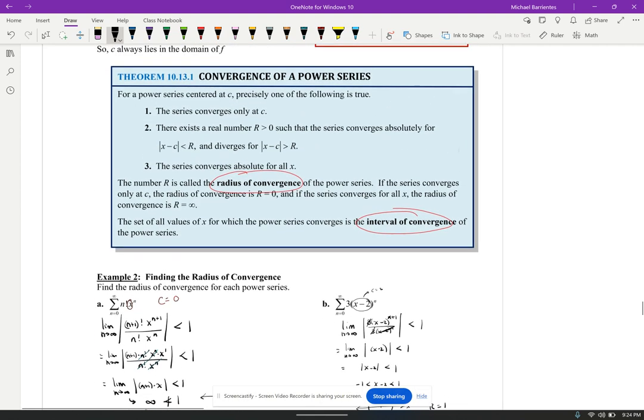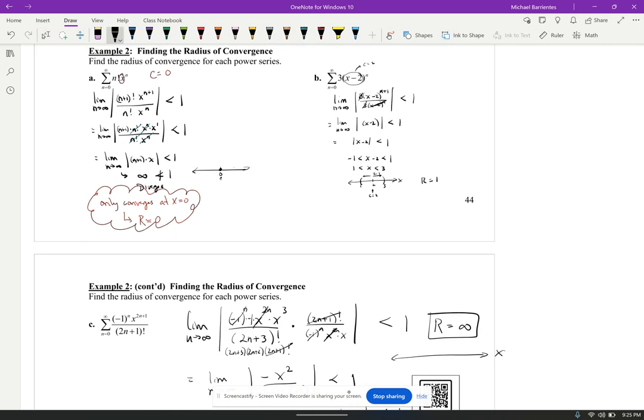And so when I come back over here, remember, R was the radius of convergence. It's either 0 if there's only one point, or infinity if it's for all x values, or it's a number, because it is surrounding the center point. This is how we figure out the radius of convergence.